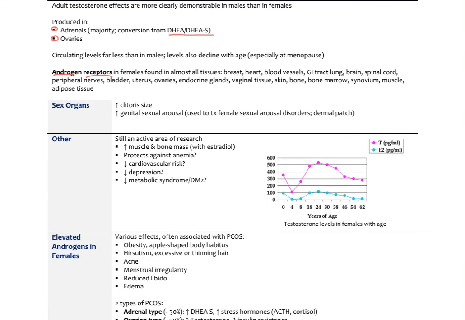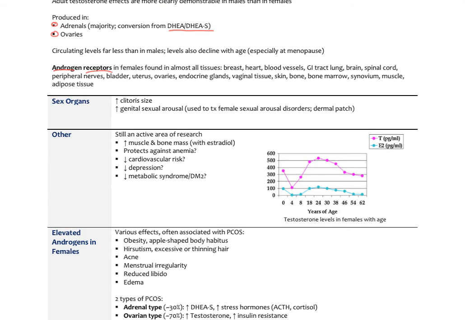Some of the direct effects are on the sex organs, to increase the size of the clitoris and to increase genital sexual arousal. In fact, that's the one approved use of testosterone by the FDA in females, to treat genital arousal disorder. So that is one thing we know that androgens can do.